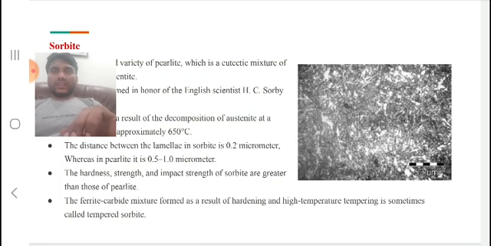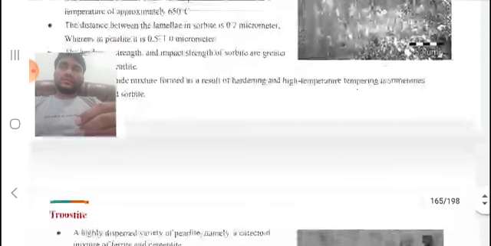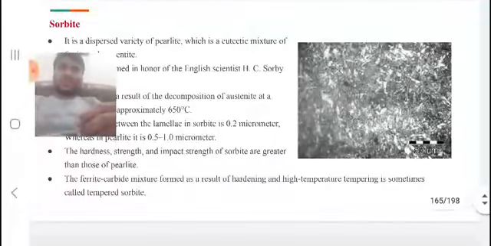Most of the books don't write about the formation of sorbite and the formation of troostite, because at 723 degrees centigrade the entire austenite converts into pearlite, but by suddenly quenching the hypoeutectoid steel to say 650 degrees centigrade, the structure we get is a dispersed pearlitic structure called sorbite. So we can see the structure of sorbite.